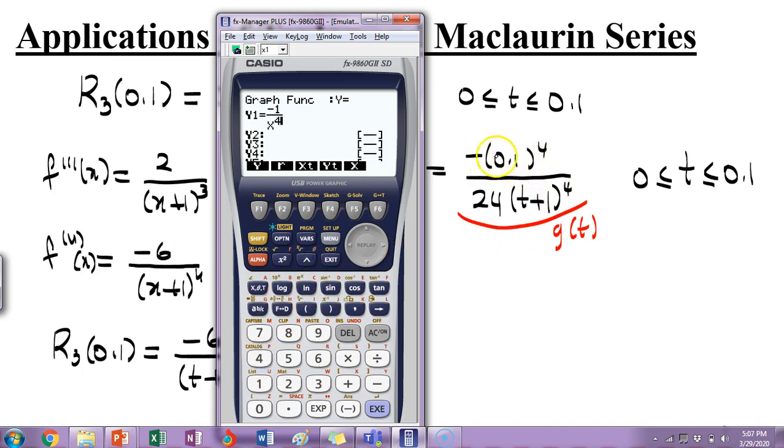Since the other coefficients, the 0.1 to the 4, the 24 and the t plus 1, just transform the function by stretching it and translating it, they do not affect the sense of variation of y equals negative 1 over x to the 4. Before we draw this, 0.2, negative 2, I think it should be fine since we're dealing with small values here. So I'm going to go for draw. Okay, perfect. You can see that the function is in fact increasing.